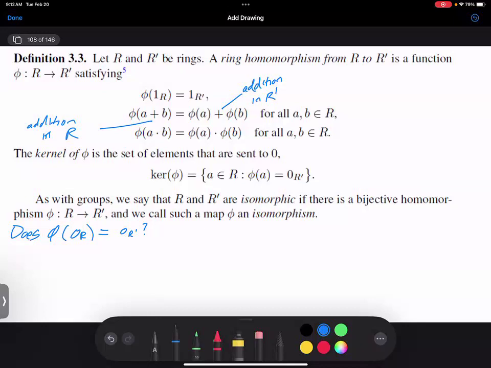So we have lots of choices. One choice is to look at phi of A plus negative A. Another choice was you said look at phi of A plus 0. And I'll give you another one, 0 plus 0. I think these are all three natural things to look at. So if we look at phi of A plus negative A, that's going to equal phi of A plus phi of minus A. What do we know about phi of minus A?